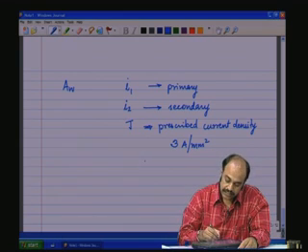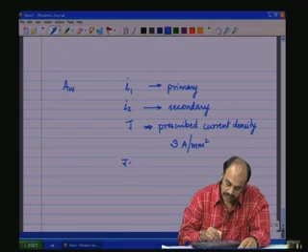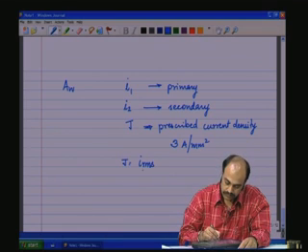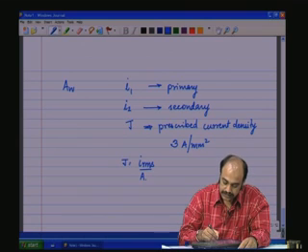So, what is current density? J, current density is I RMS by area of cross section of the wire.